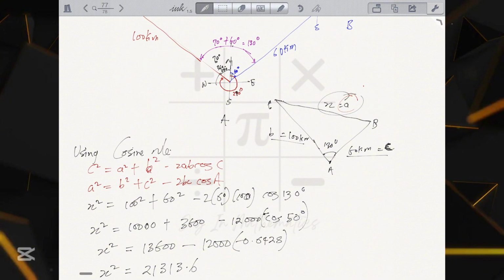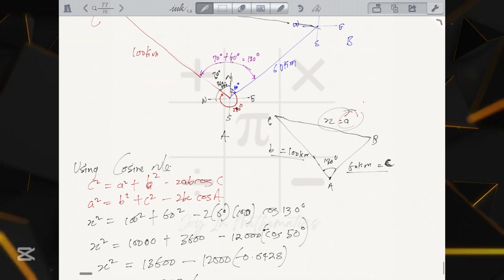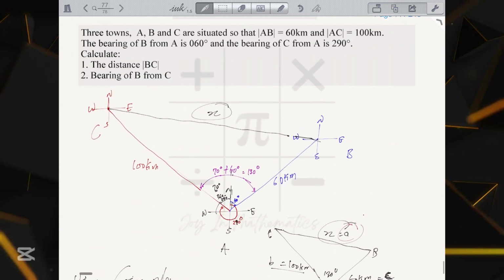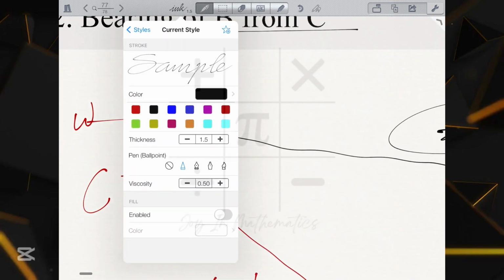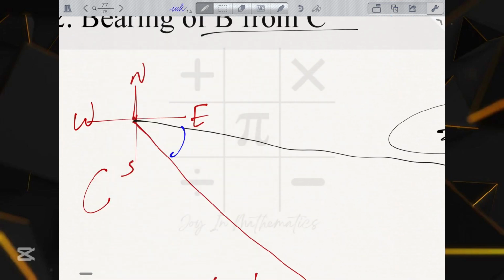Now the next point of action is to evaluate the bearing of B from C. What does it mean, the bearing of B from C? That means our focus is C. So if we come to C now, if you look at this, we will have an angle here.